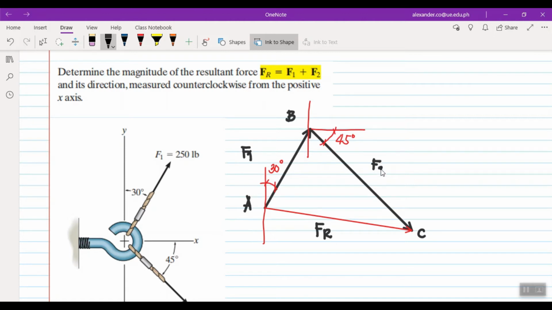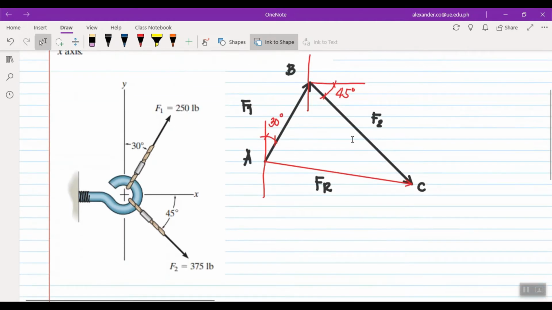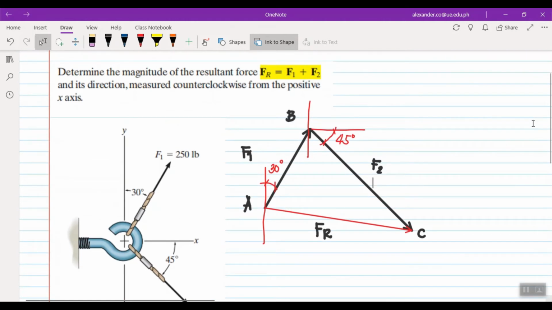So, F2, yung magnitude niya is 300, ilan yun? 75. Okay? So, 375. So, ngayon, ano angle nito? Since both lines here are parallel, so this is also 30 degrees, di ba? Pag-aralan nyo sa geometry. So, ito, 90 degrees. So, 45 yan, 45 din to. So, angle B is equal to how much? 75 degrees.